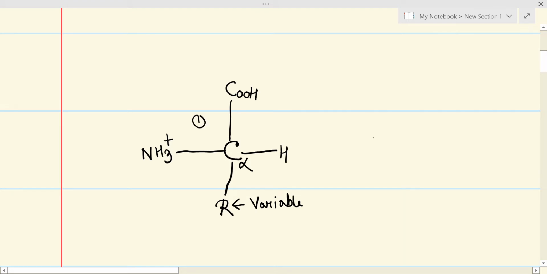if a carbon atom has 4 different bonds attached to it, then that carbon is known as chiral in nature. So let me just highlight here. This is group 1 or atom 1. This is atom 2.